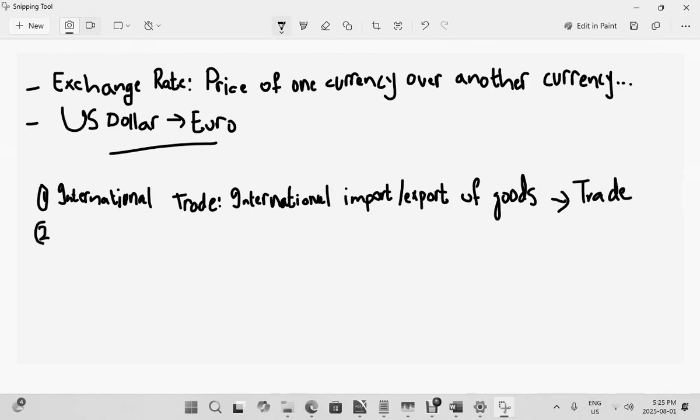Now the second player in this game, when it comes to foreign exchange, has to do with international investors who buy properties and real estate, for example. So international investors who own a foreign firm.